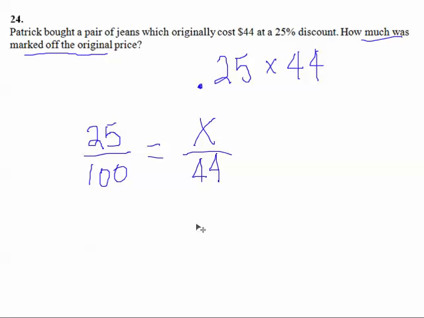So we could think of it like that too, in which case we do the same thing. 0.25 times 44, and we get 11. So if I was going to get a discount of 25%, then the discount would be $11. If they asked me how much would I be paying after that, then I would be paying those $44 minus that 11, or $33. So be careful again, the question that you're being asked.